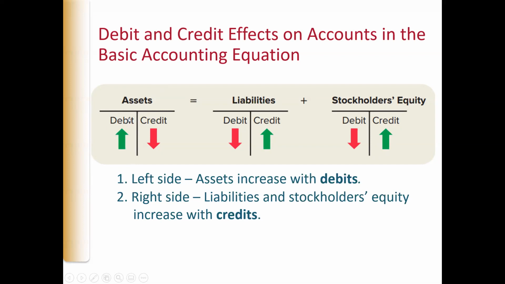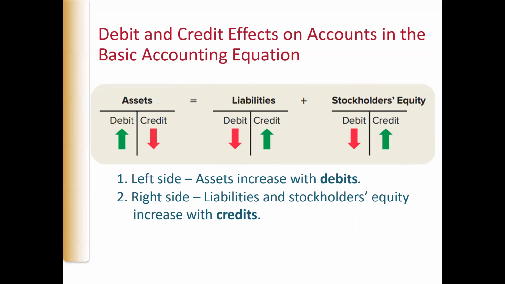All that means is we put it on the left-hand side. Period. Liabilities and stockholders' equity are on the right side of this equal sign. To increase a liability or to increase stockholders' equity, we credit it since it's on the right-hand side.